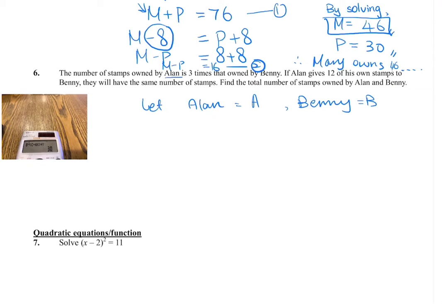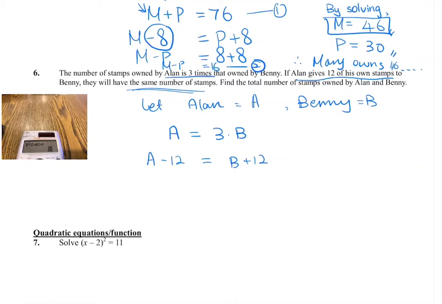So the first one, A equals 3 times B. The next, if Alan gives 12 of his own stamps to Benny, that means Alan gives 12, Benny gets 12. And then they will have the same number of stamps, just like the previous question. Easy. So you just have to find the total number of stamps owned by both Alan and Benny.